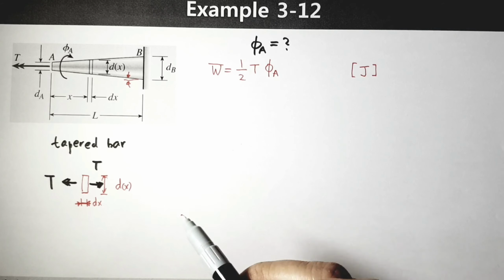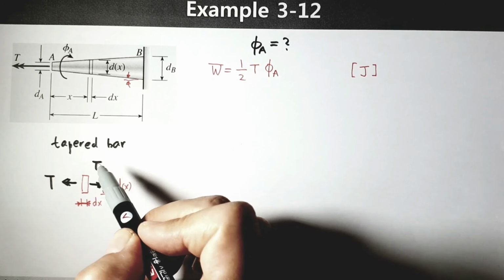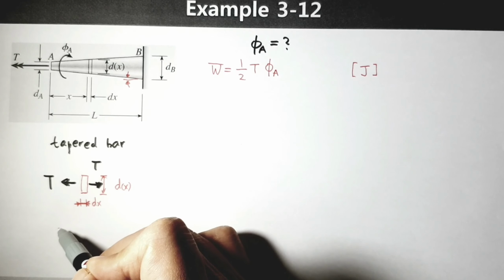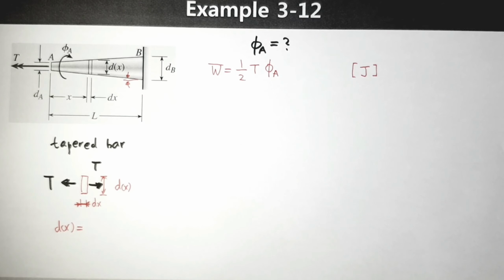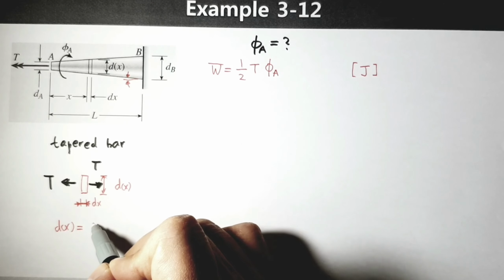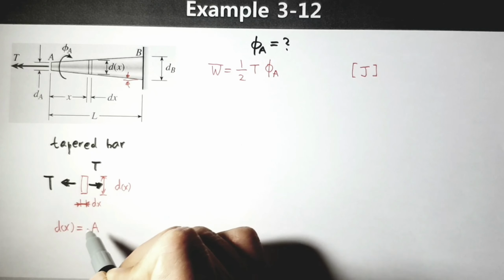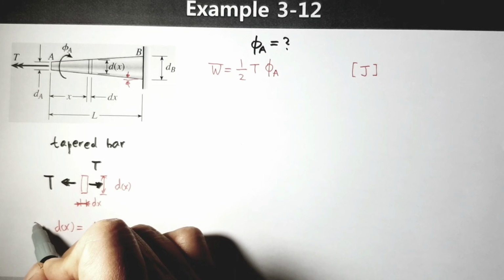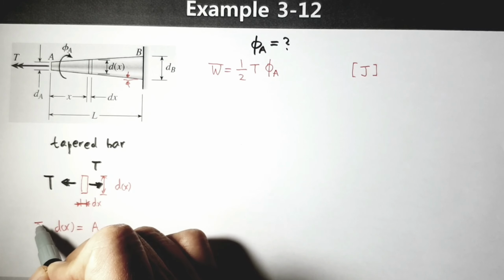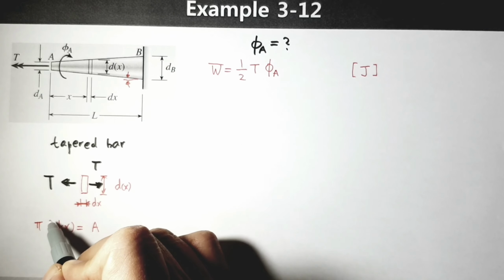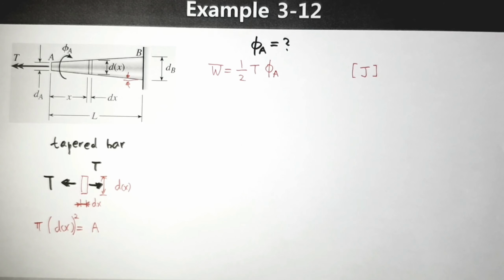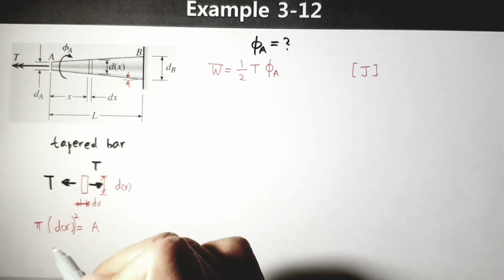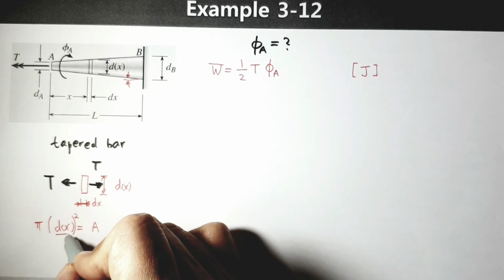Another thing is that torque T is the same, but the diameter dx is changed. Sorry, not dx, the cross-sectional area A is changed. The cross-sectional area is pi d squared over 4.